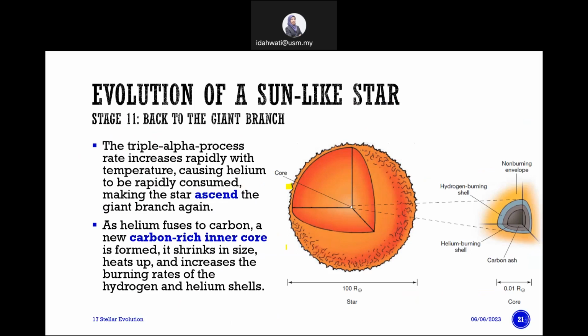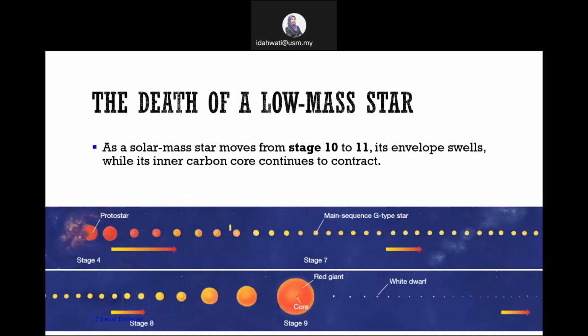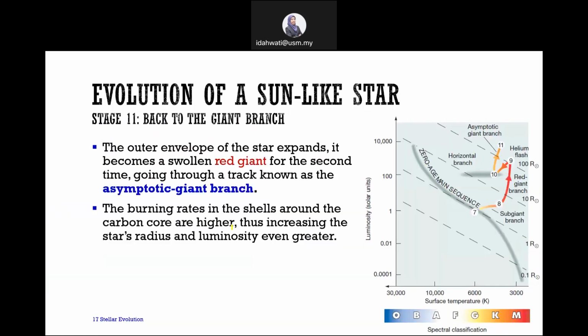It will shrink in size and the energy increases. This is the asymptotic giant branch, in stage 11. So you have to know what the asymptotic giant branch is: does the luminosity, radius, and temperature increase or decrease during that stage?